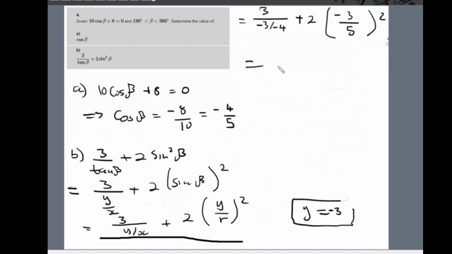And then you can substitute this in your calculator.